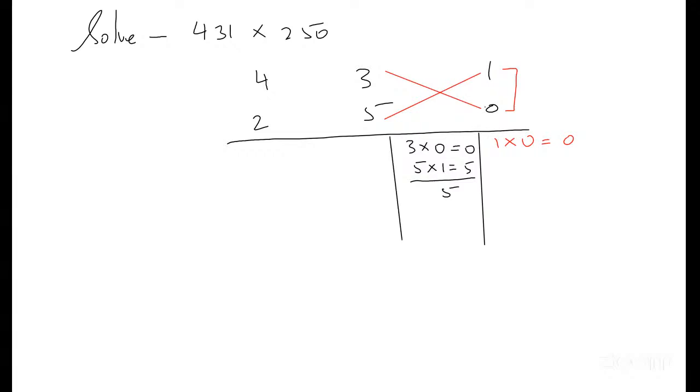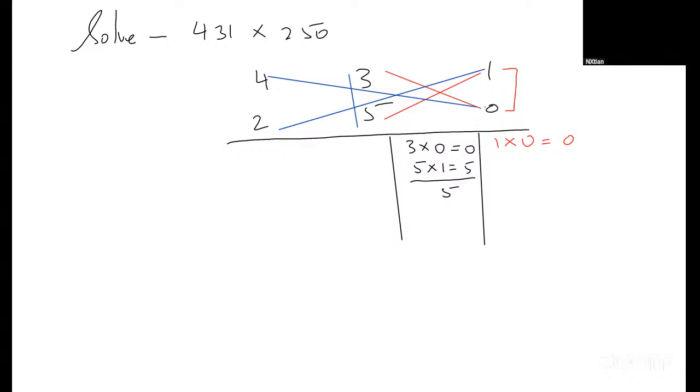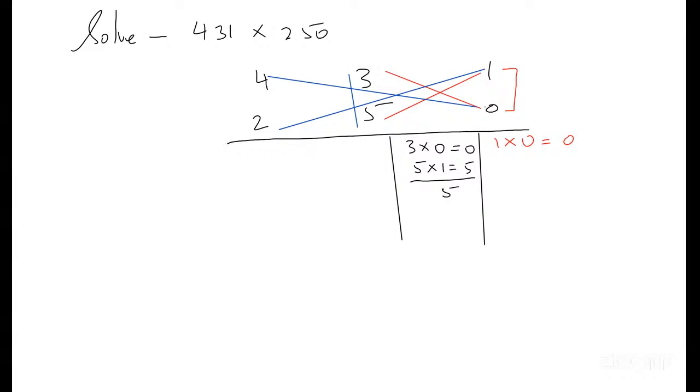Third step, we got to multiply 4 with 0, 2 with 1, and 3 and 5. Multiply like this. 4 zeros are 0. 2 ones are 2. 3 fives are 15. Do we put a 0 in front of the 5?